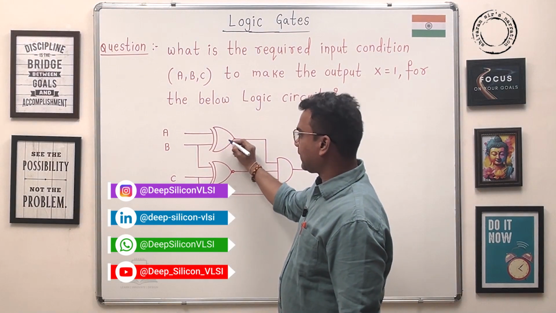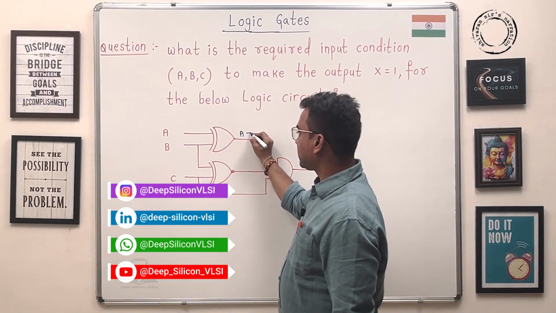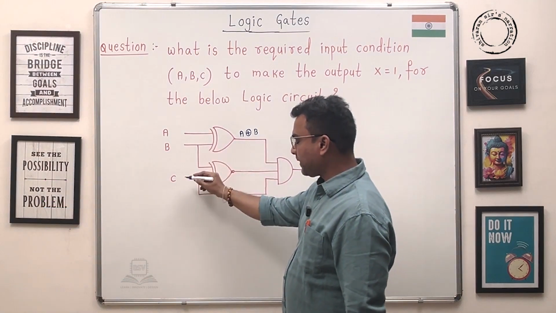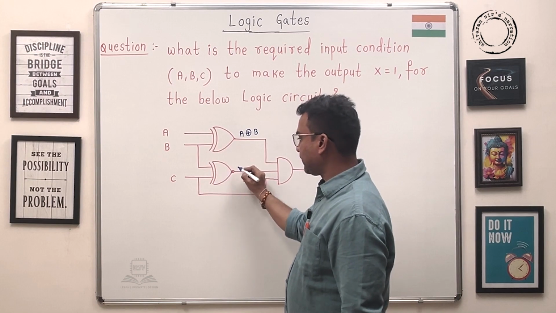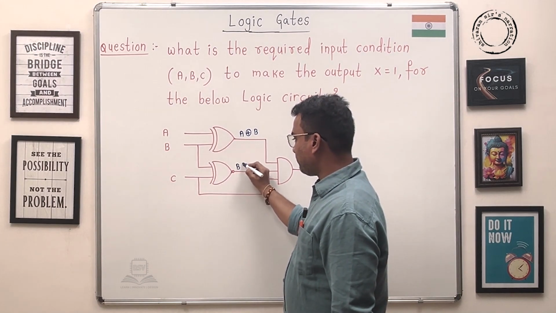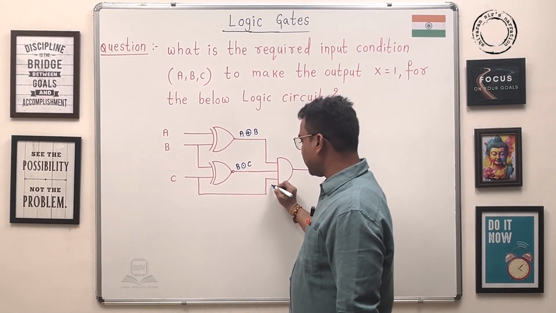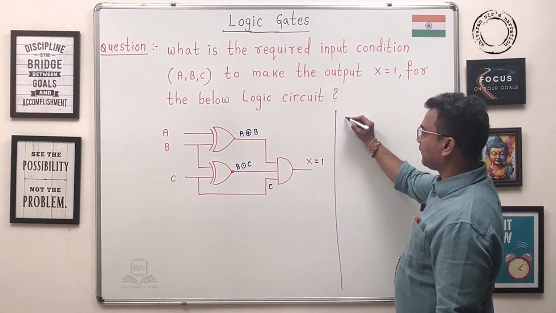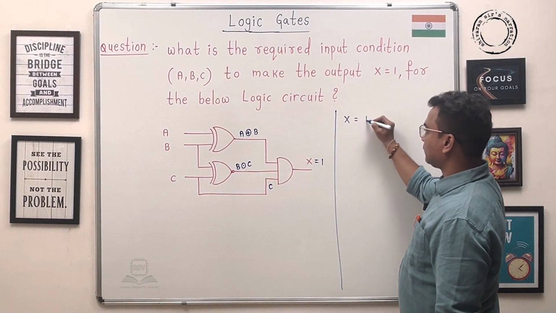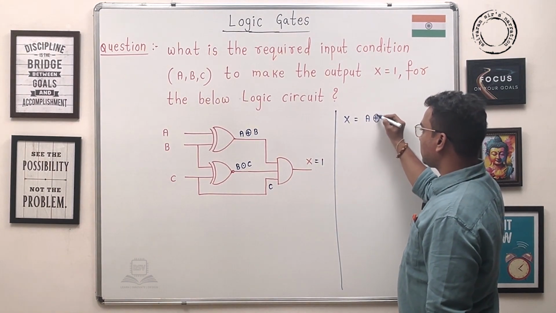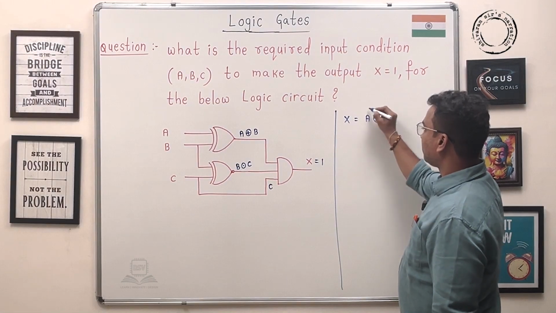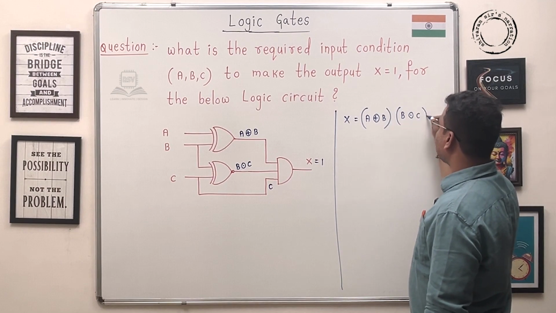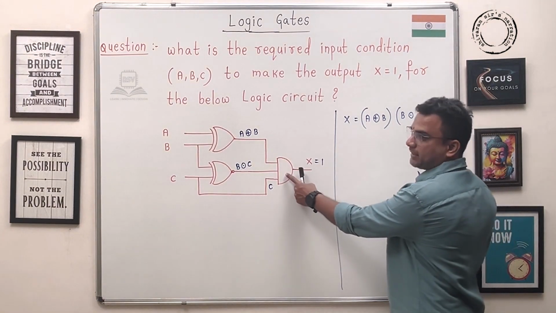It is an XOR gate. Therefore, it is a XOR b. Similarly here, B and C, it is an XNOR gate. Therefore, B XNOR C, and it is C. Therefore, the actual expression for X = (A XOR B) into (B XNOR C) into C because it is an AND gate.